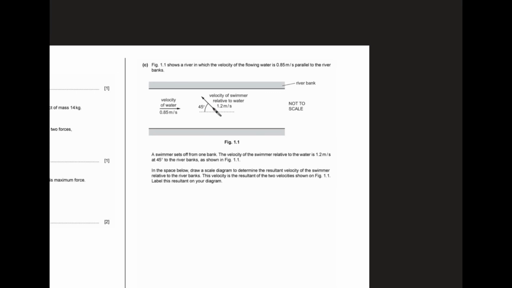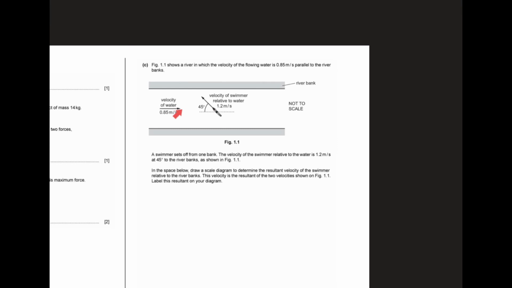Okay, so there are a few things to do here, so let's do it one by one. First they ask you to draw a scale diagram. So you have two vectors, this is the first, this is the second, let's say.